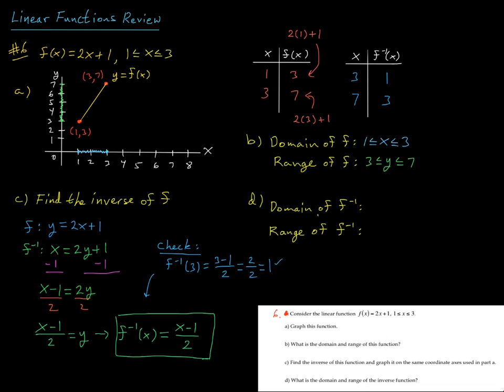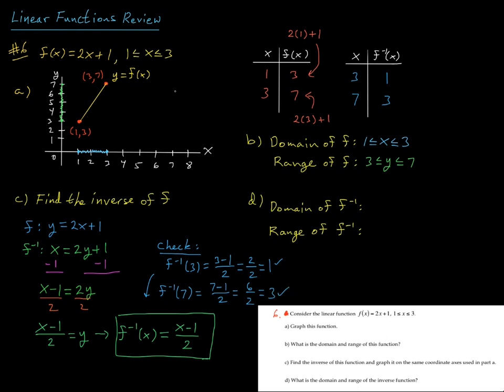So that's doing what I would expect it to do. And then if I input 7, I will get 7 minus 1, all divided by 2, and that's 6 divided by 2, and that is 3.